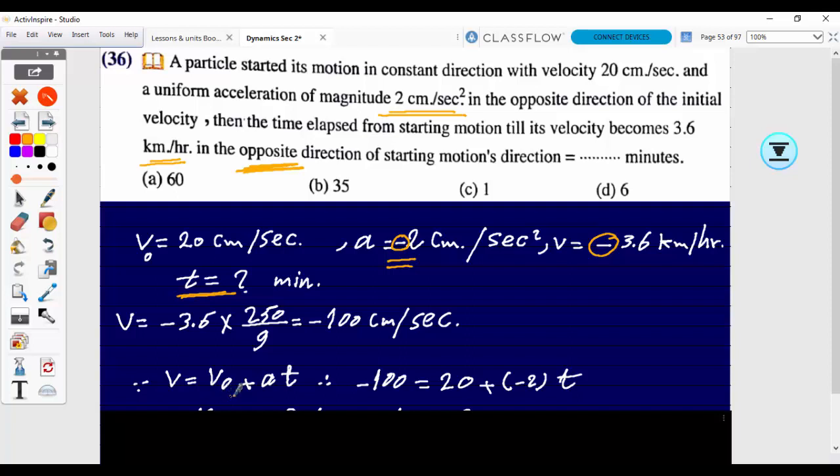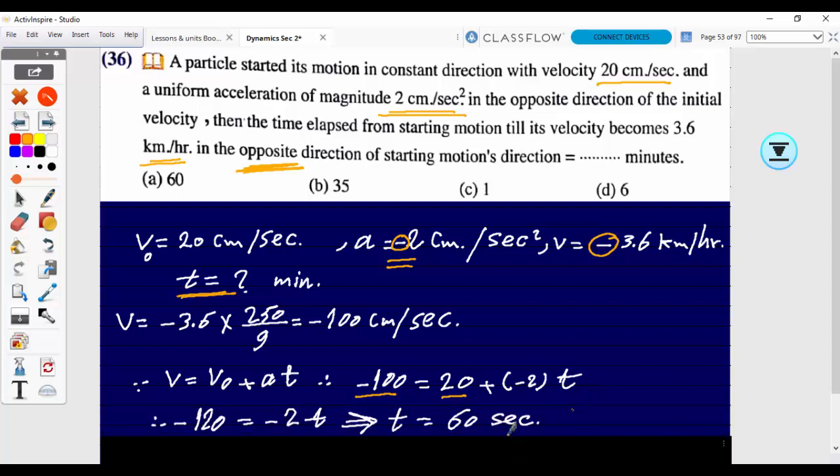Since v equals v naught plus at, substituting v equals negative 100 and v naught equals 20 centimeters per second, plus a, which equals negative 2, multiplied by t, we get negative 120 equals negative 2t, and then t equals 60 seconds.